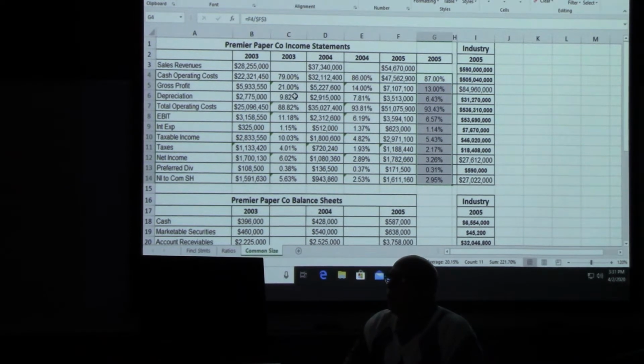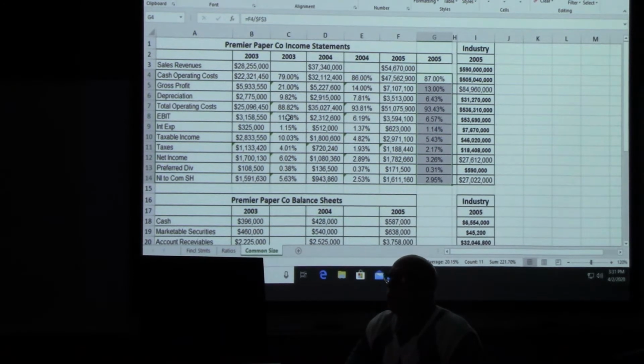All right, our depreciation, which is related to sales, but it's really more related to property, plant, and equipment, has trended down. Our operating costs have jumped way up in 2004, and that's because of the gross margin, and seem to balance out or stabilize in 2005.